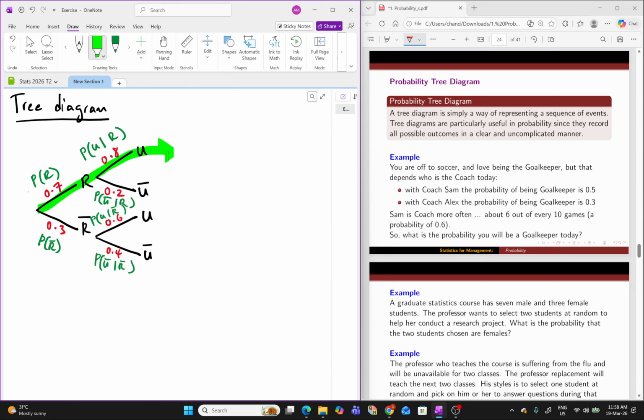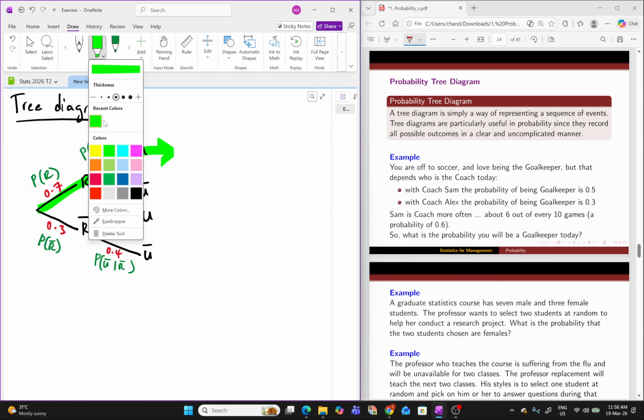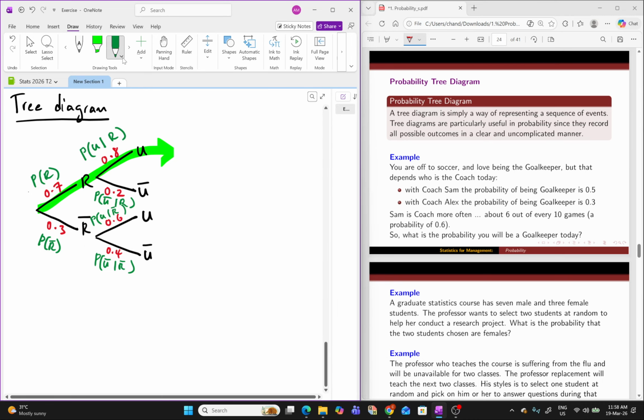If you go by branch, you multiply. So raining and umbrella, what is this notation?